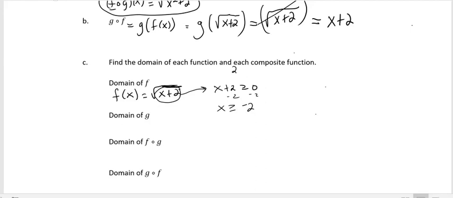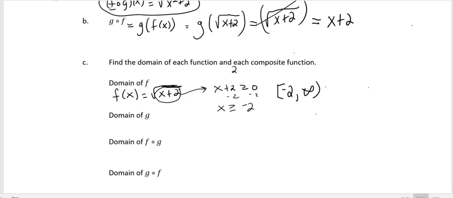Anything from negative 2 to the right is going to be a good number to use, okay? And it's included in the domain. So the way we write this is going from negative 2 to infinity. And notice I use a bracket because I have the greater than or equal to sign.